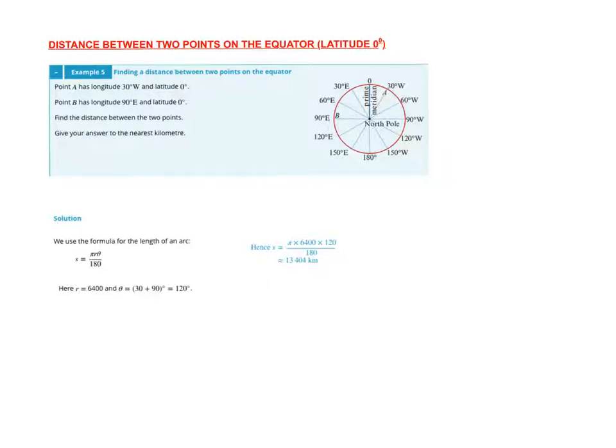So here we've got to be careful when we're finding the distance between 2 points on the equator. Even though it's a latitude, the equator is a great circle, isn't it? So its radius is still the radius, which equals 6,400 kilometers.